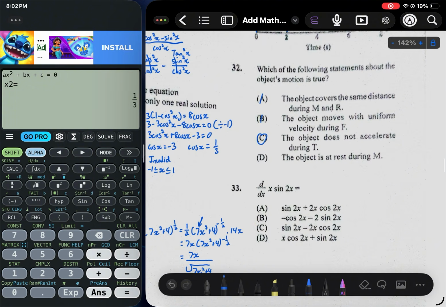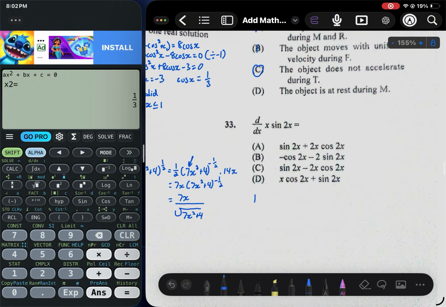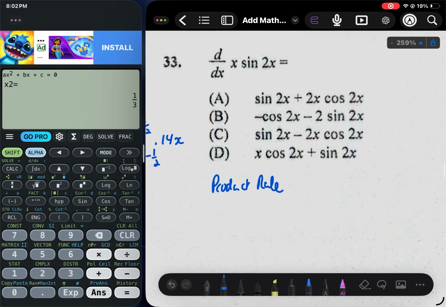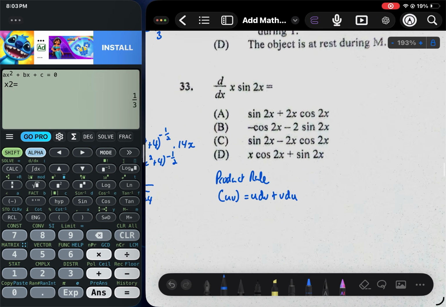The derivative of x sine 2x, so we'd have to use product rule, which states that the derivative of uv is equal to u dv plus v du. So u would be the x and sine 2x would be v.